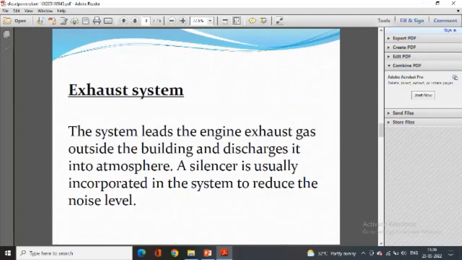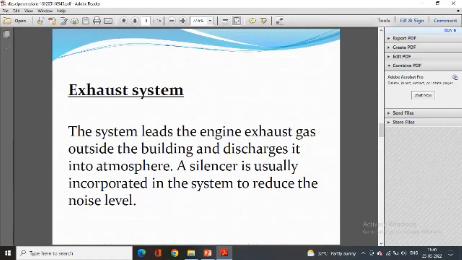So we know that the exhaust system has the chimney for removing the exhaust gases to the atmosphere, because if we do not remove the exhaust gases and leave them at that location, then the smoke is present in that area, so visibility is reduced.